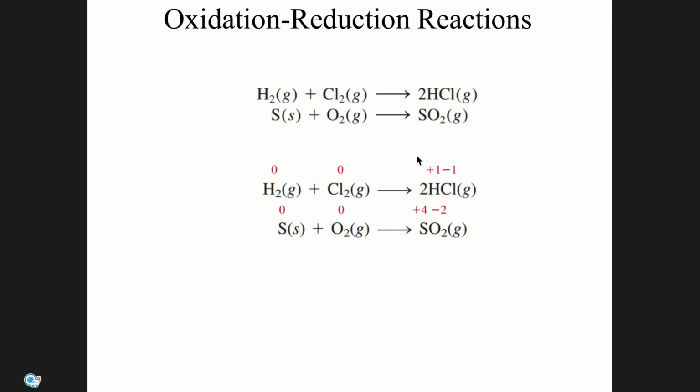There are small changes here, and the numbers above the element symbols are the oxidation numbers. In both of the reactions shown, there is no charge on the atoms in the reactant molecules. Thus, their oxidation number is 0.